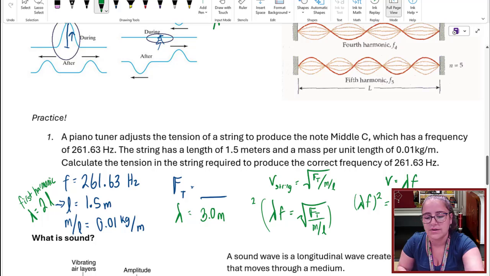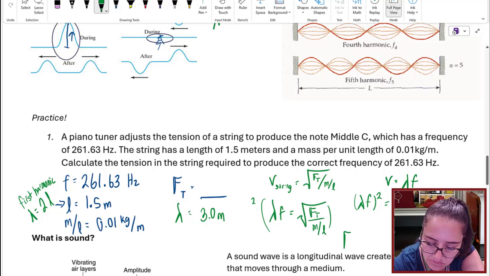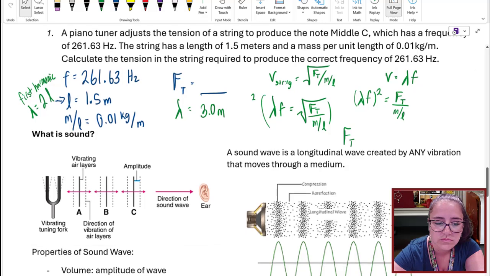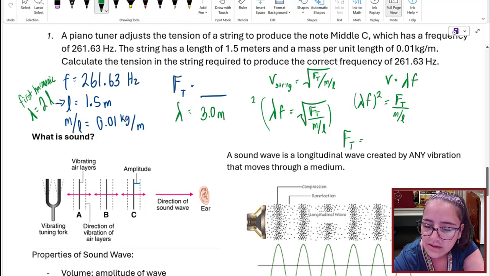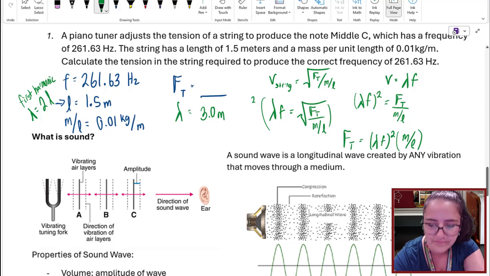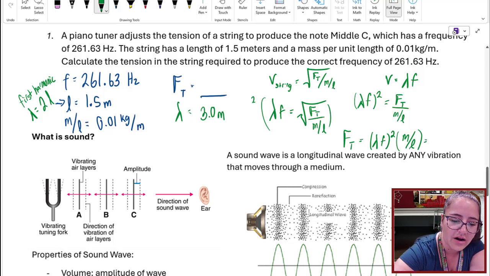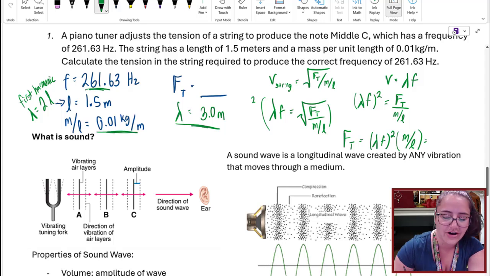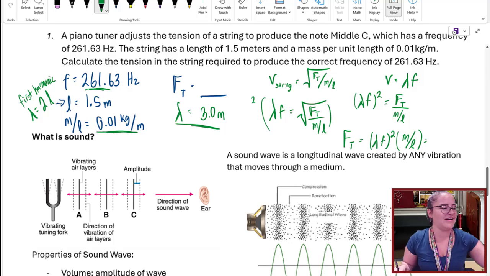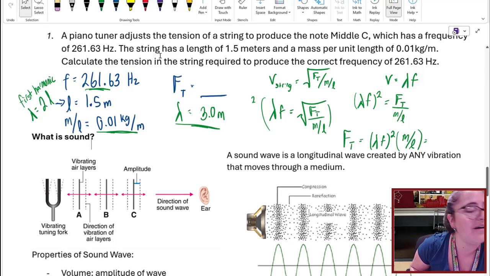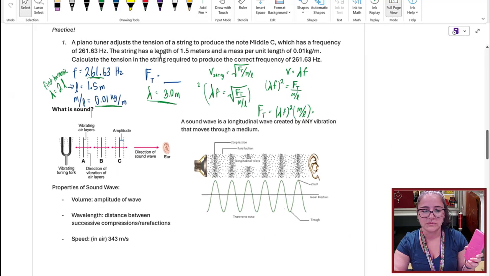Okay, so the force of tension will equal the wavelength times the frequency squared times the mass per unit length. Okay, so we have our wavelength, we have our frequency, and we have our mass per unit length. So then it's just plugging those all into your calculator.